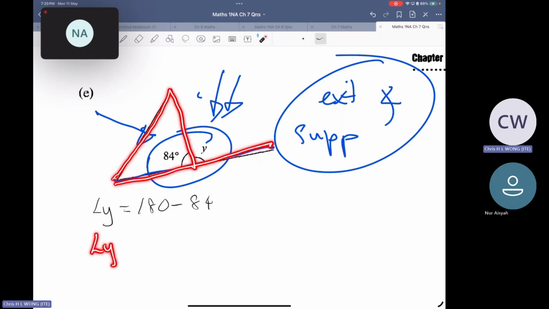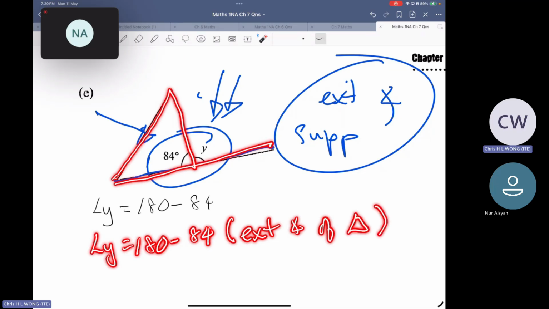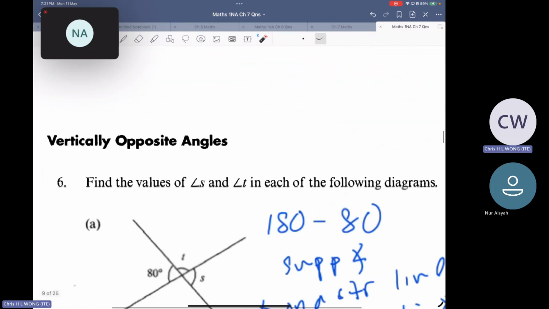Then angle y is also the same thing, 180 minus 80. So the other reason is exterior angle of triangle. It will also give you 180 minus, the same. So up to you, which one you want to use. Move on.